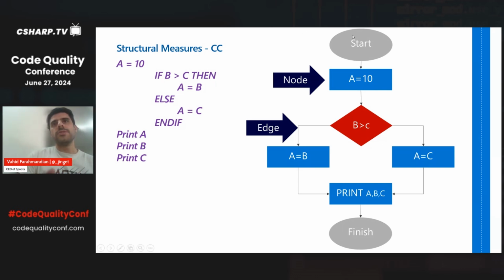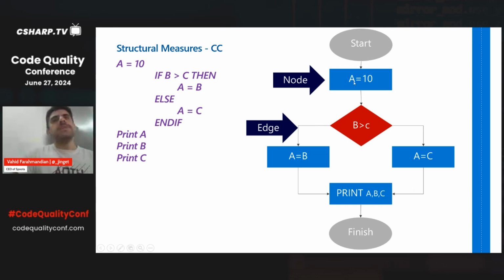We have a start point here and an end point here. After starting, A is equal to 10. Each of these shapes is an N, a node in the formula which we discussed, and each of these arrows is an edge in that formula.